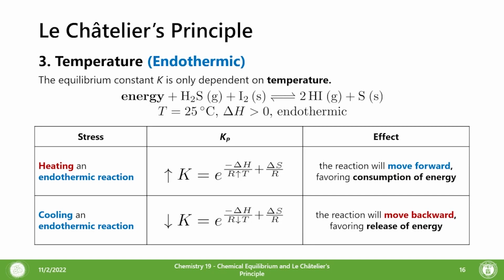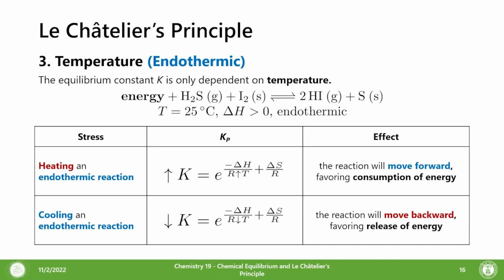So endothermic is when the reaction leads to energy being collected. So the whole reaction mixture becomes cold. You may have noticed this when you were heating up a reaction. For example, when you're drying a hydrate, you actually need to input energy for it to release the water. That's an endothermic reaction.